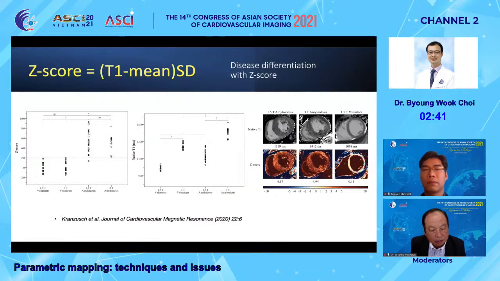In a study, z-score mapping effectively differentiated between patients with cardiac amyloidosis and healthy subjects with the same diagnostic accuracy as standard T1 analysis, regardless of field strength. Z-score provides a means to compare native T1 results acquired with MOLLI across different CMR platforms.